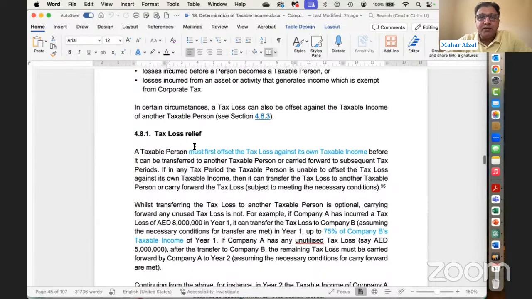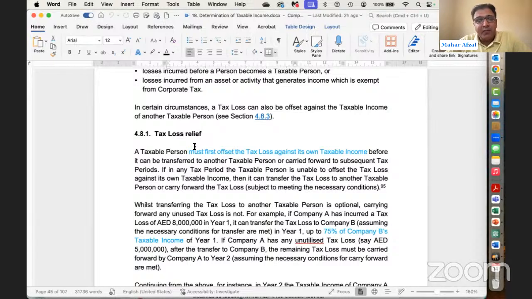Tax loss relief. What is tax loss relief? If you are facing tax losses, you can carry forward tax losses for an unlimited period of time, but maximum up to 75% of the taxable income. Whatever your taxable income, you can adjust the carried forward losses up to 75% of the taxable income of that period. The remaining will be adjusted against the tax losses.